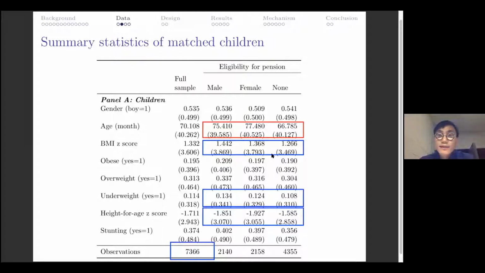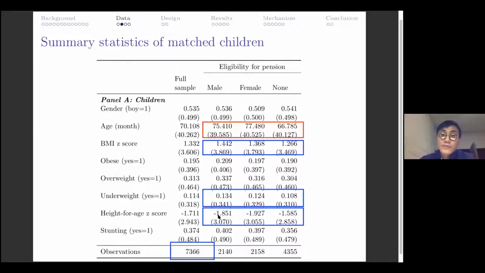Here I give you the summary statistics by dividing the sample by the eligibility status of the household. For those households with male eligibility, we see from this table that they have the highest BMI Z-score. And they also have the highest obesity rate and overweight rate. Interestingly, they also have the highest underweight rate.